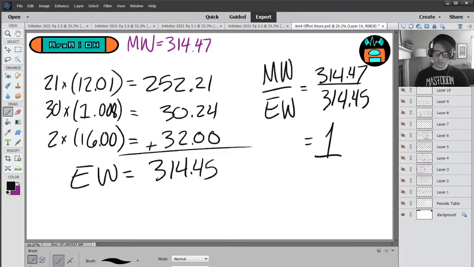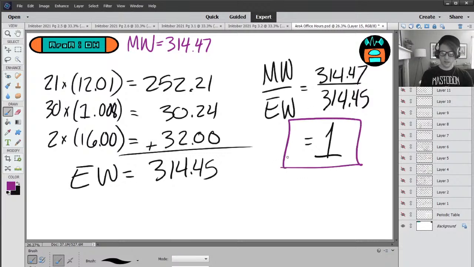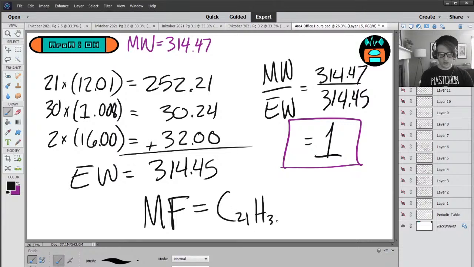So for this problem, the empirical formula is the molecular formula because that ratio is 1. So the molecular formula here is C21 H30 O2.